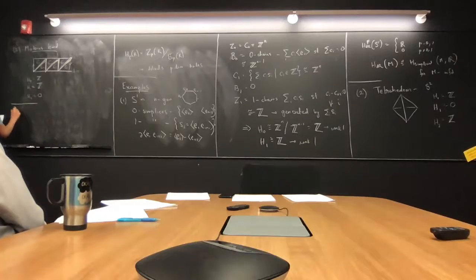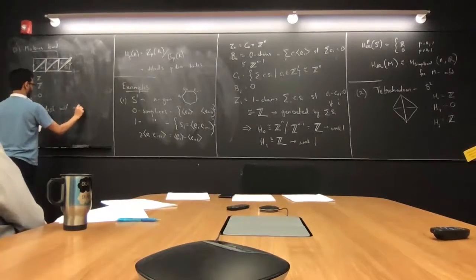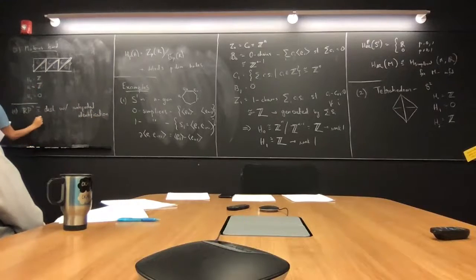Similarly, if you have RP2, which is isomorphic to a disk with antipodal points identified, you can triangulate it like this.